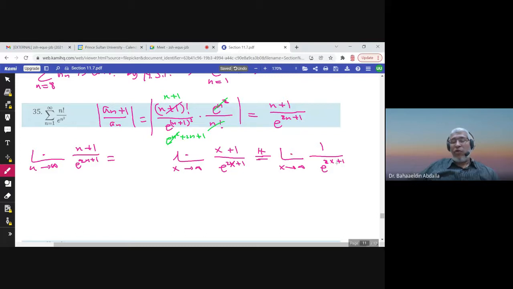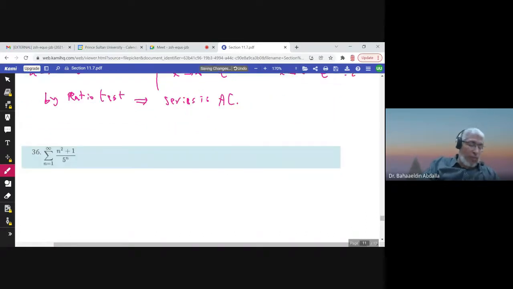Limit of e to the x plus 1 is e to the power 2x plus 1 times the derivative of 2x plus 1, which is 2. Now if you replace x by infinity, 1 over infinity is 0. So the limit is 0. It is less than 1. So by ratio test, the series is absolutely convergent.